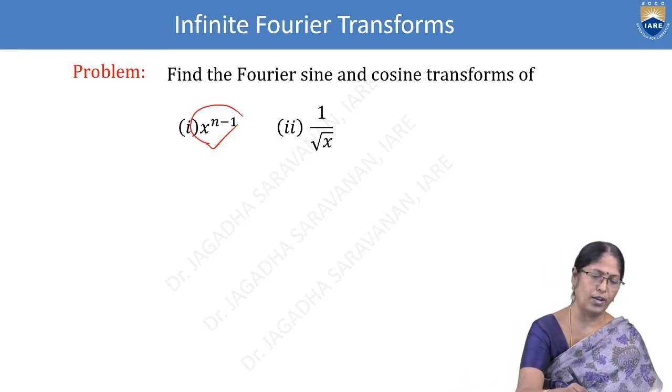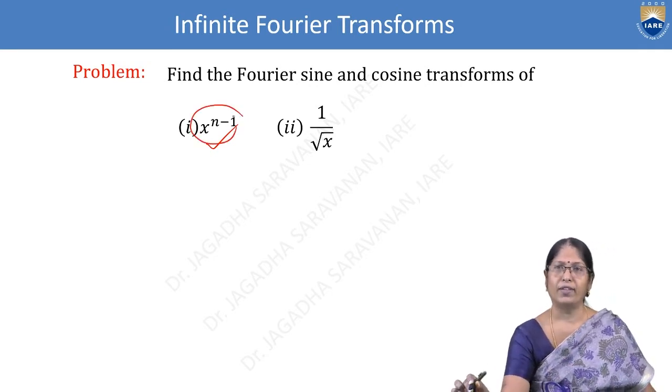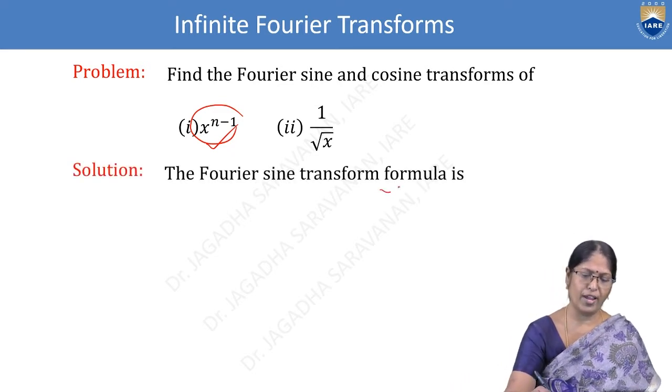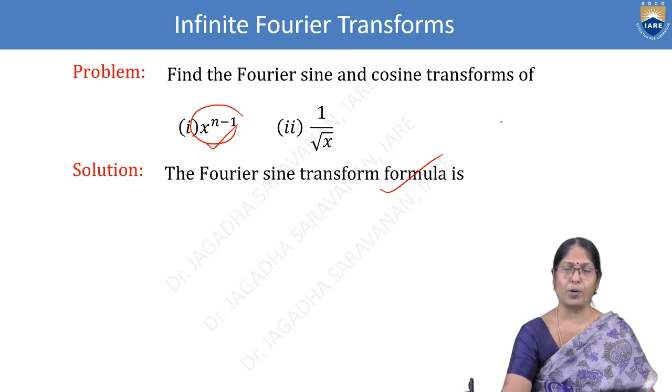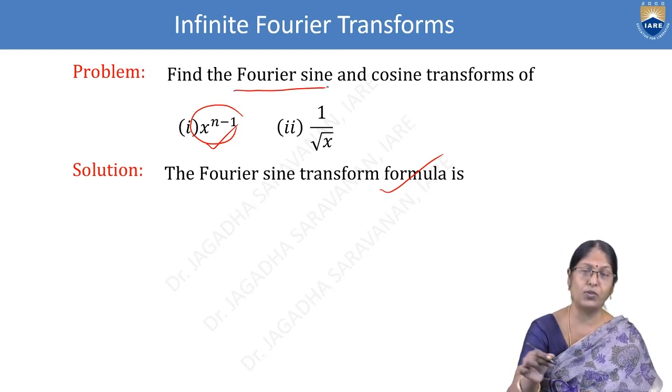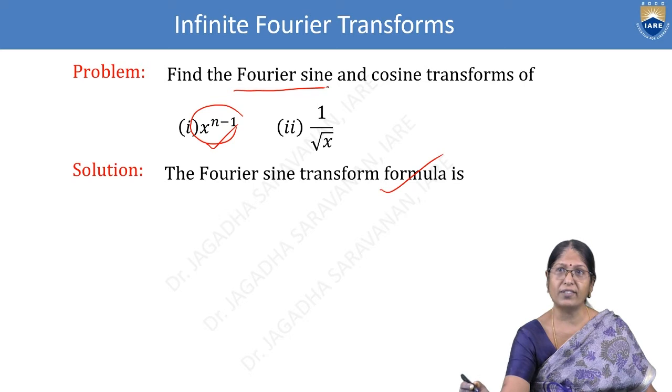First we will solve this function, our f of x, which is given as x power n minus 1. The solution uses the Fourier sine transform formula, because we are asked to find the Fourier sine.